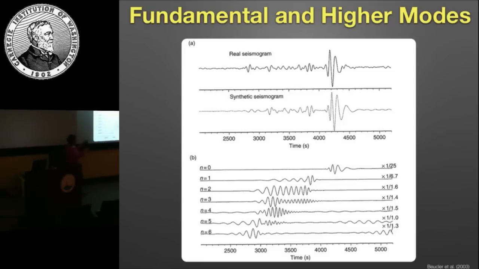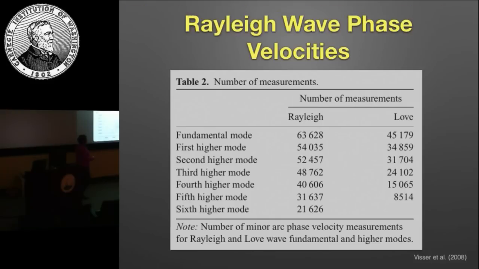And so they arrive slightly earlier as we go toward higher modes because they're actually sensitive to deeper and deeper structure in the Earth. And they have the nice property that they are also dispersive. So we can use a similar relationship between the phase velocity measurements and the structure to get the structure of the Earth.